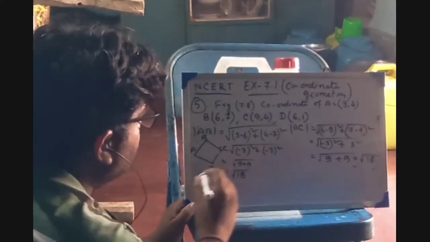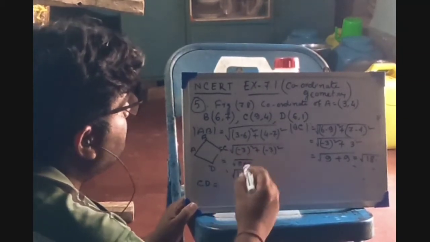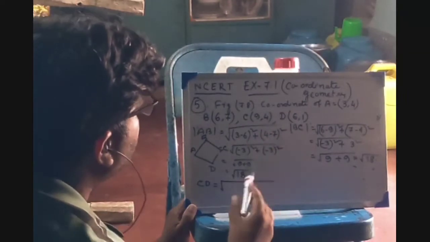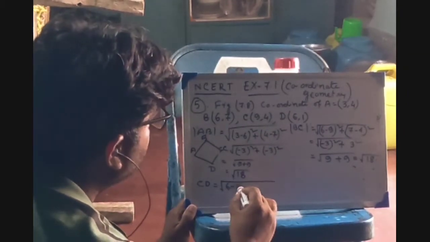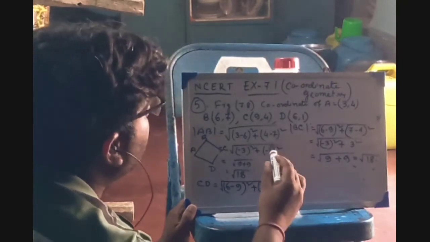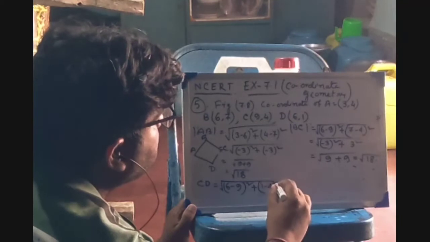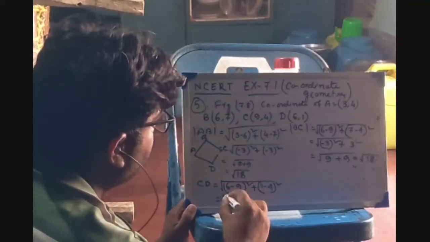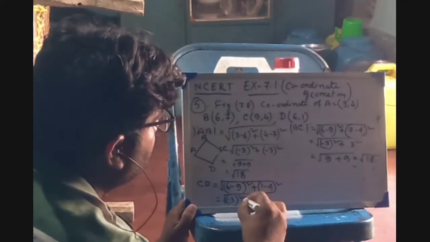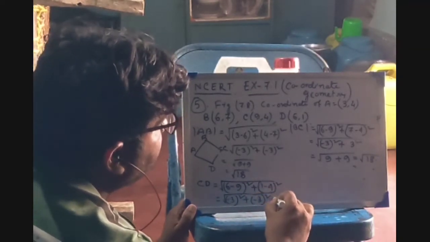CD means root over of (6 minus 9) whole square plus (1 minus 4) whole square. That means root over of (minus 3) square plus (minus 3) square, means root over of 18.